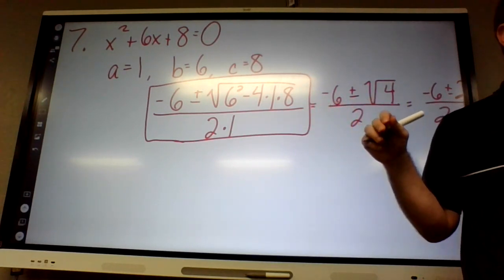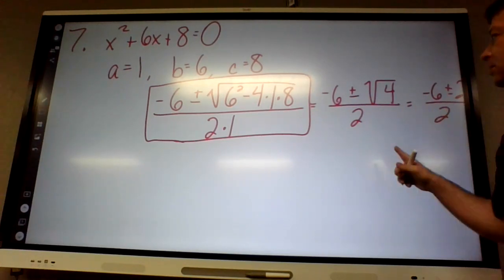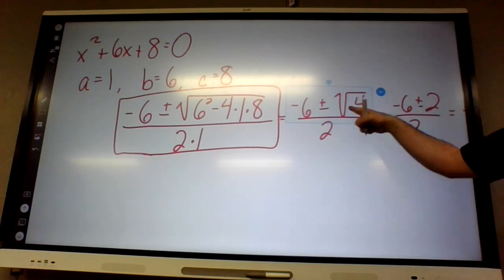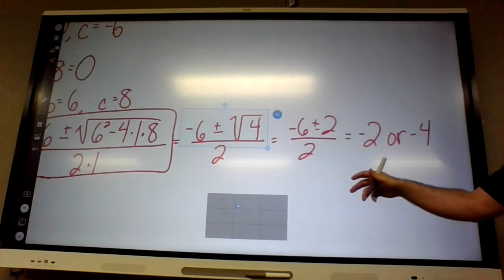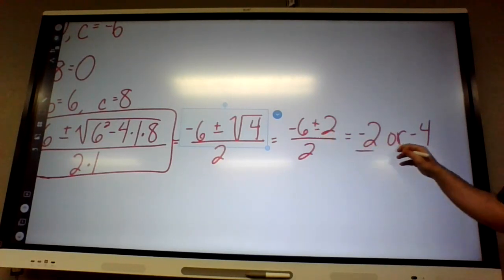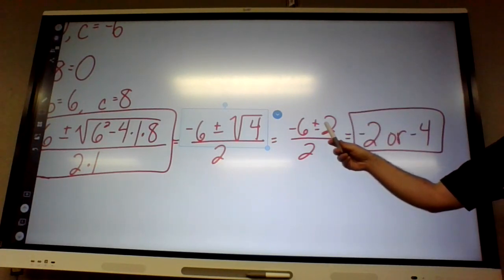What did you change? Plus or minus the square root? You got negative 4, so even one of our answers. He said you can do it, but you have to do one at a time.